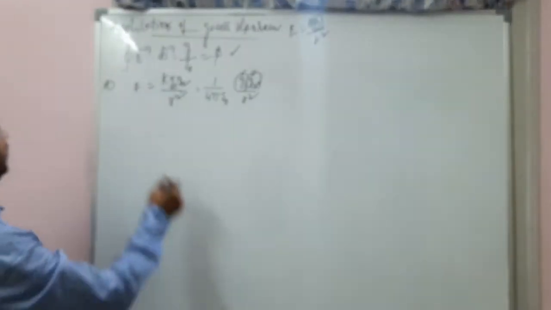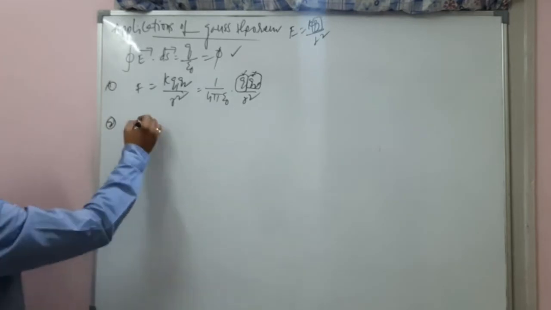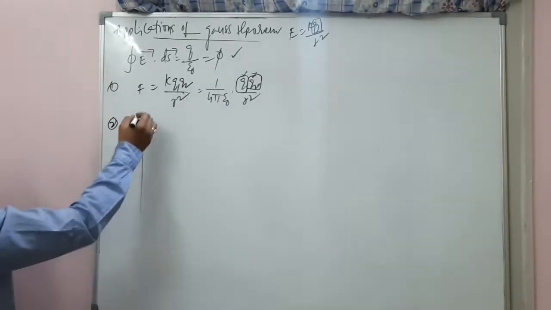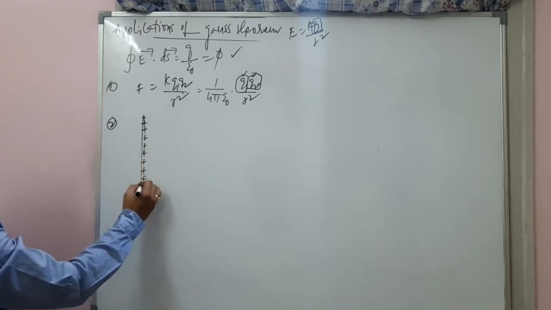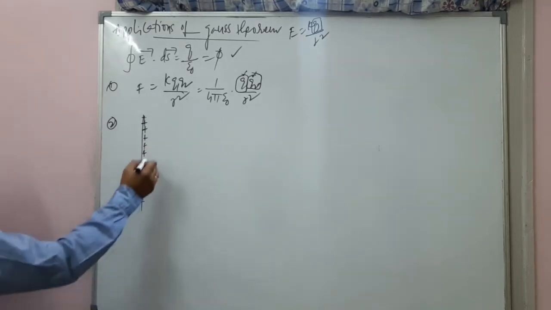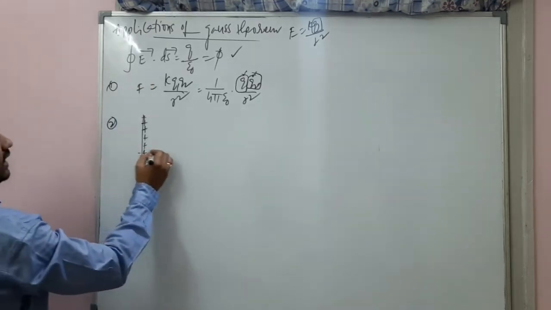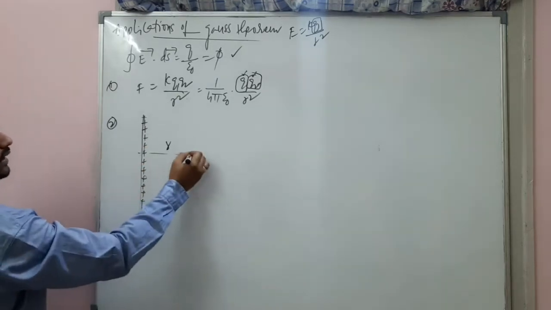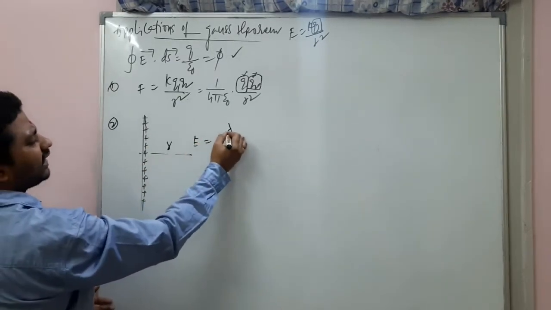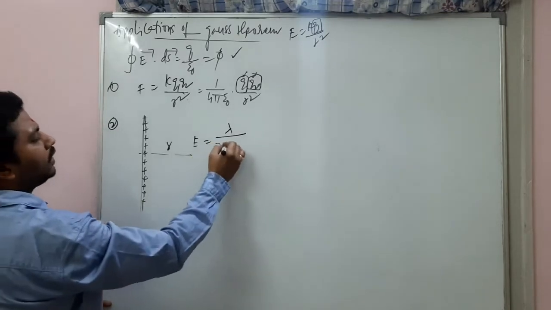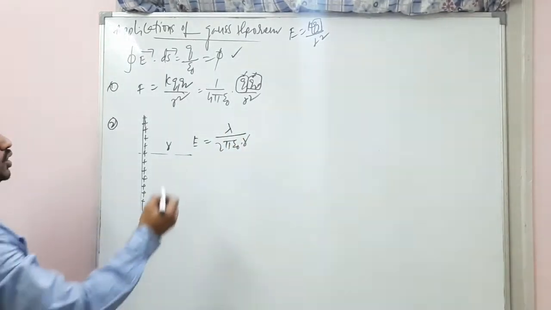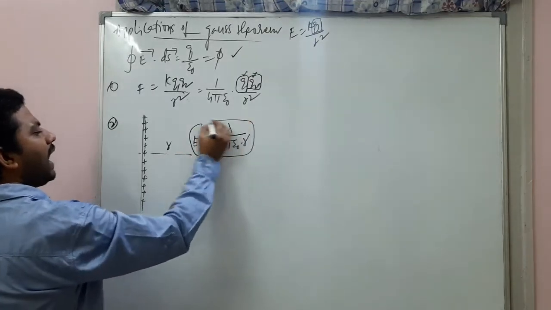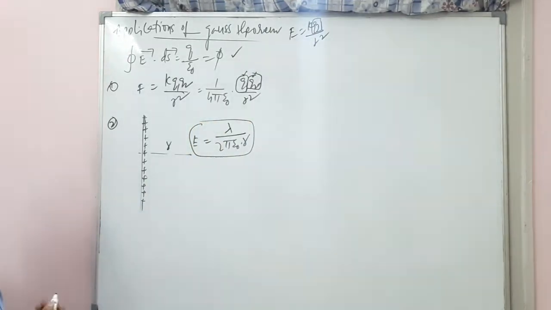Remember. Alright, now the second thing is, there is a line charge, my dear students. From the axis of the line charge at a distance r, electric field is how much? So this electric field is lambda by 2 pi epsilon naught into r. Very important. So E is equal to lambda by 2 pi epsilon naught into r.